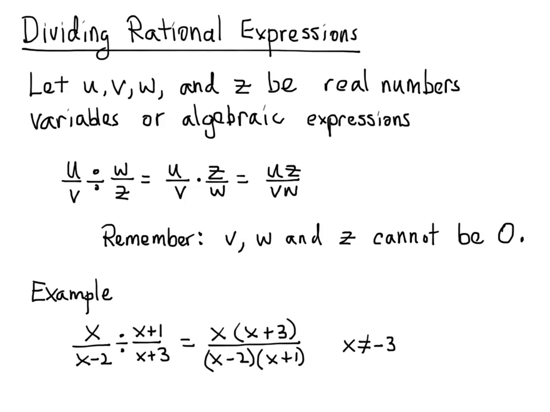I have all unique factors and there's no factors that cancel, but I'm still writing an explicit domain restriction, because if I just look at this, the only implied domain restrictions here is that x does not equal 2 and x does not equal -1. But in my original problem, I have the implied domain restriction that x does not equal -3. So since that's no longer implied in what I've simplified to, I have to write that domain restriction out.